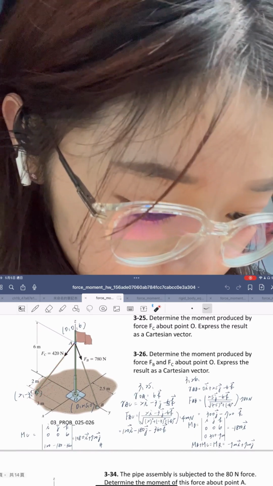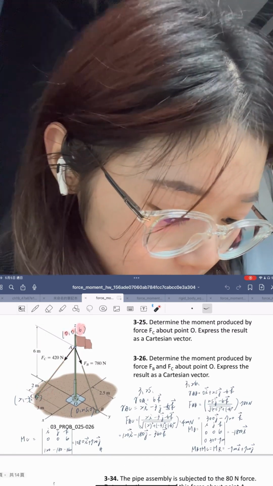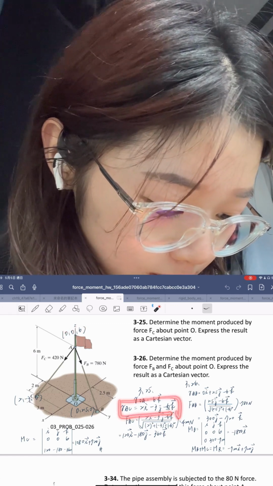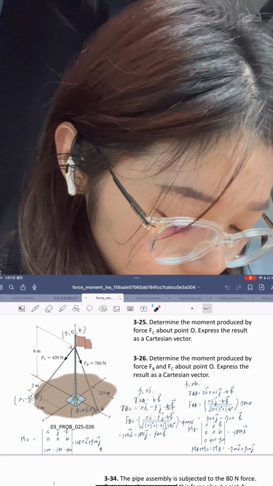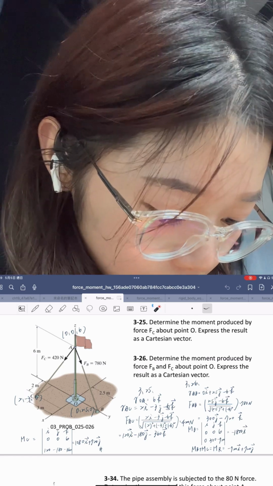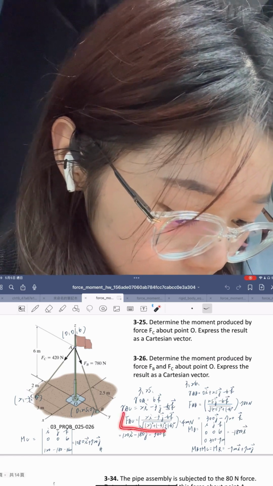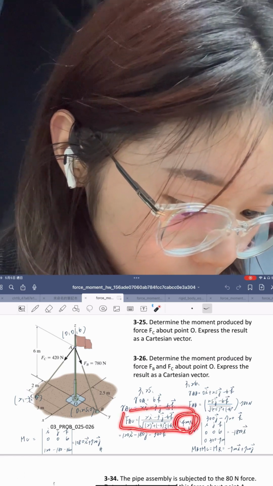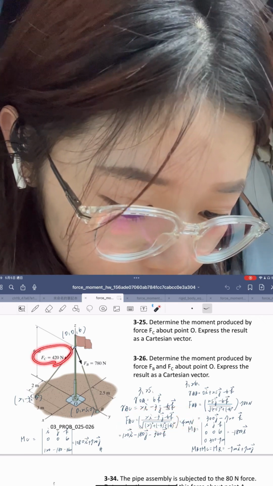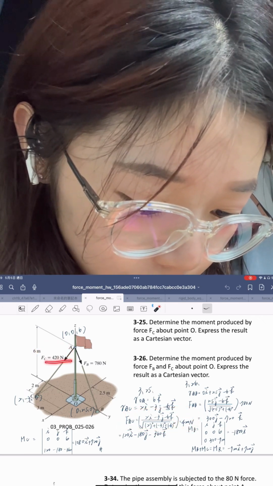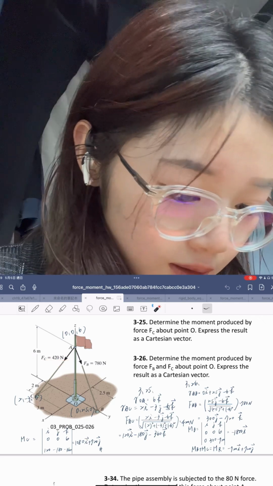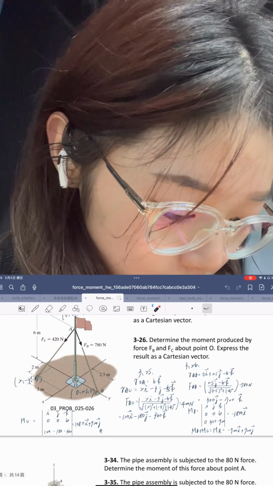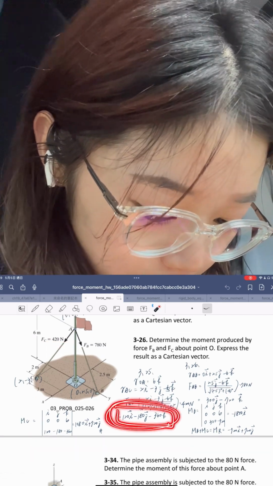Because A is the 0.06, the RAC is like this, so we know with the Cartesian vector, the FAC is like this. The F for C is 420 Newton, so we have to know the answer like this.